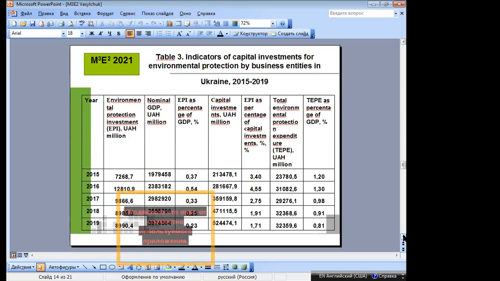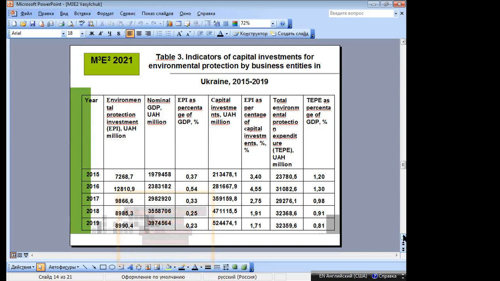See table 3. If we compare the share of environmental capital investment of economic entities with total investment for the same period, we can see that their share is insignificant and decreased from 4.5% in 2016 to 1.7% in 2019.